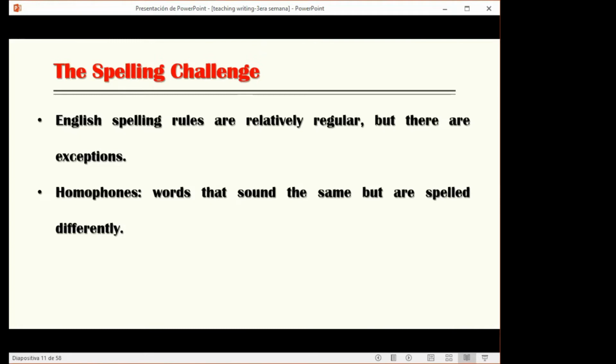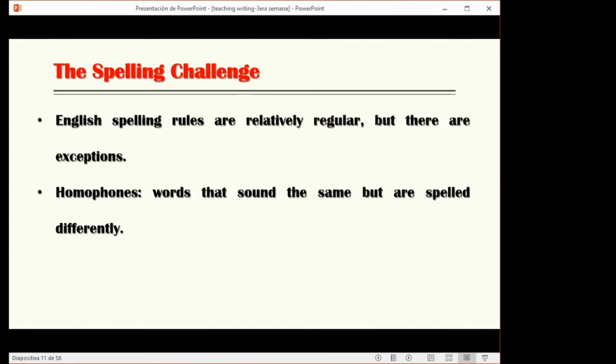Or to, the preposition, or two, the number, or too, the adverb. Notice three different words in the spelling, but they are pronounced in the same way. Some students think, oh, teacher, so hard.